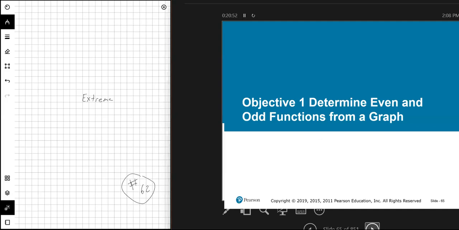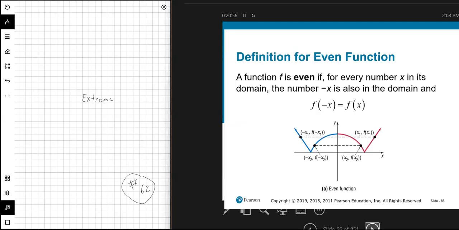And there's a third choice here, which they don't ever say. A function is said to be even if for every number x in the domain, the number negative x is also in the domain, and f of x and f of negative x give us the same y value.